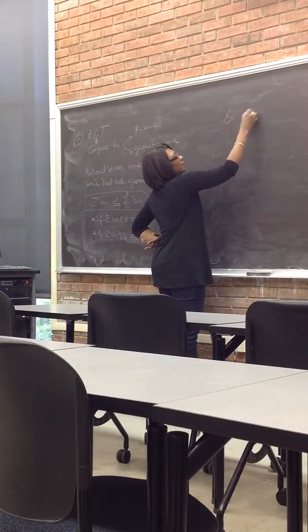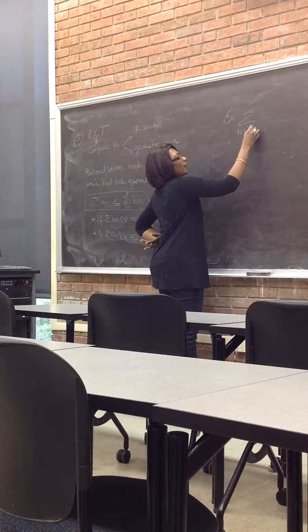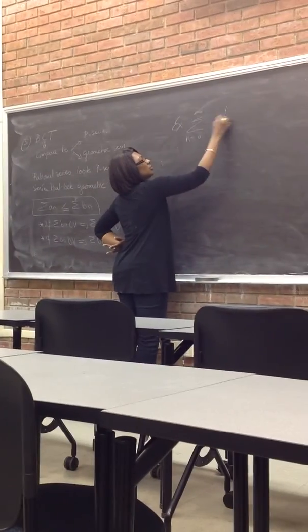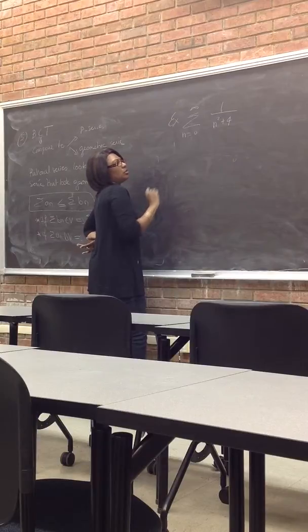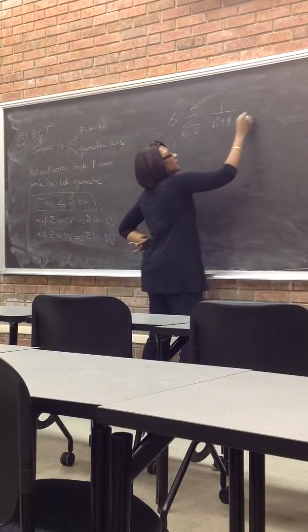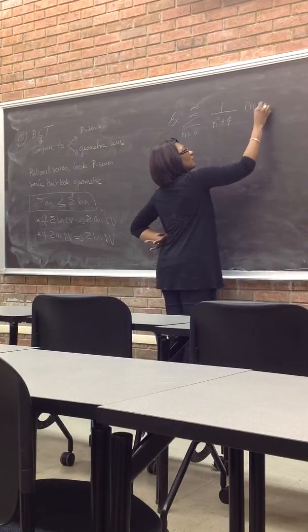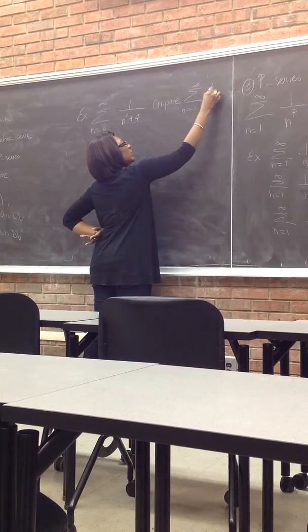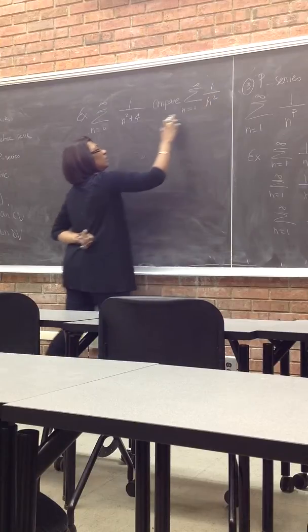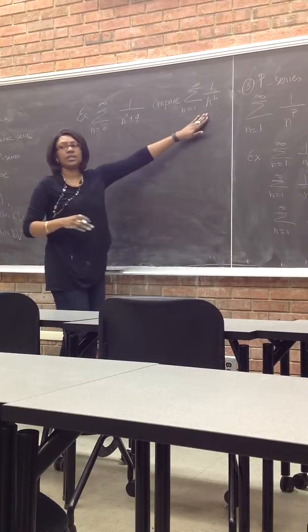Okay, let's do this one, 1 over n squared plus 4. So what do I compare this with? 1 over n squared. So you see, this is what I'm given, I compare it with this one.